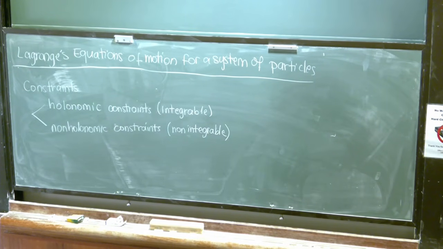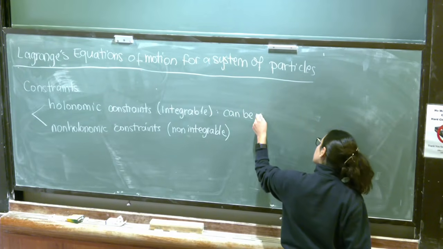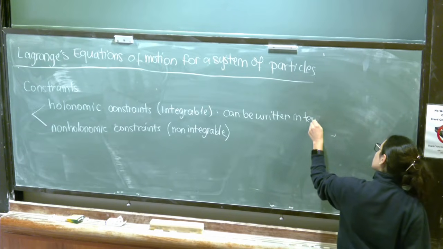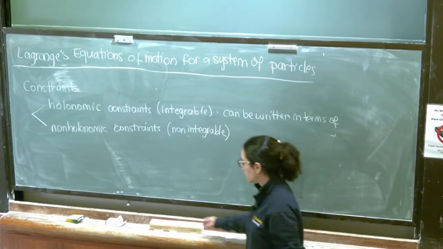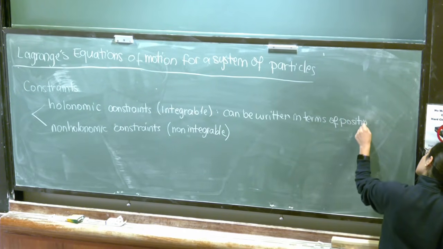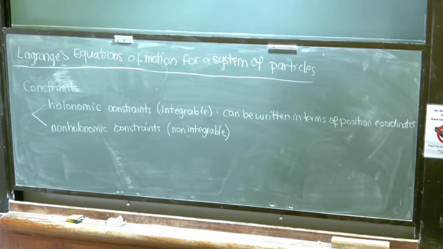Holonomic constraints are integrable, meaning that they can be written in terms of position coordinates only, whereas non-holonomic constraints are written in terms of velocity coordinates and cannot be integrated to be written in terms of position coordinates only.